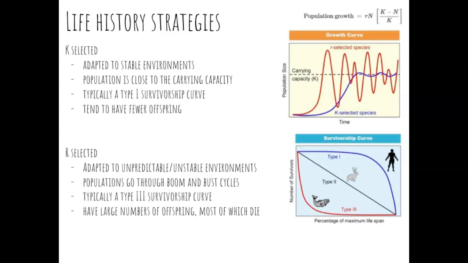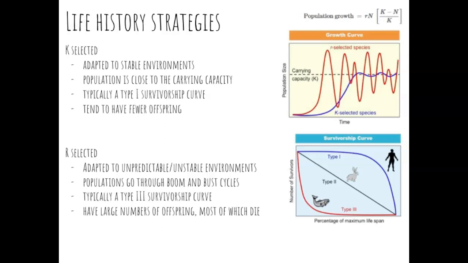These individuals typically have a type 1 survivorship curve where they are providing parental care, they are long-lived, they don't start reproducing until later in life, and so they'll have a few offspring that are well fortified and that they take care of, instead of having a lot of offspring.